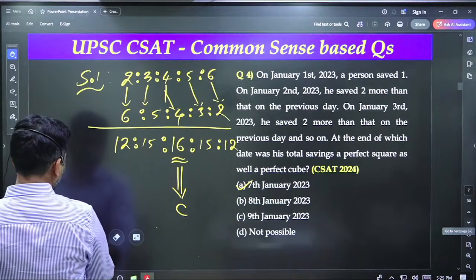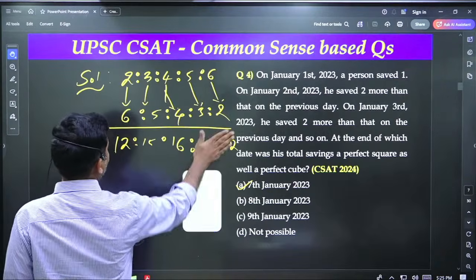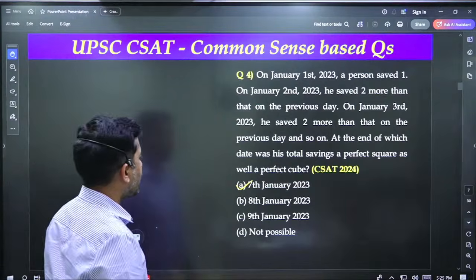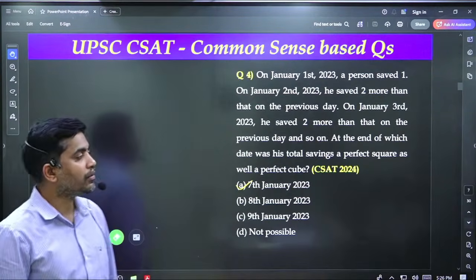What is this? This is completely based on your sense only. Try this, everyone. CSAT 2024 paper question.